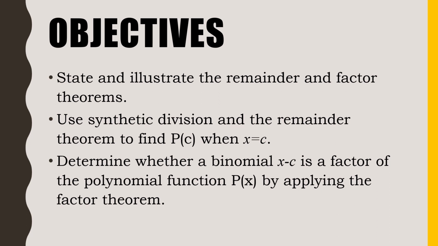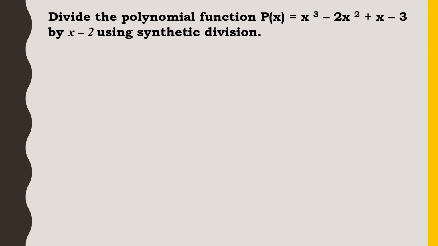Now let's start. In the previous lesson, you learned how to divide polynomials using long division or synthetic division. So let us use synthetic division to divide the polynomial function p of x equals x cubed minus 2x squared plus x minus 3 by x minus 2.